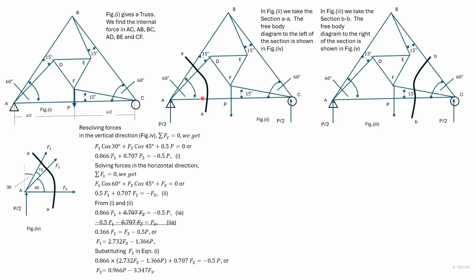So we consider the left hand portion of this section, and considering equilibrium, if we solve the forces in the vertical direction, then we get F1 cos 30 plus F2 cos 45 plus 0.5 P is equal to 0. Solving forces in the horizontal direction, we get F1 cos 60, F2 cos 45 plus F3 is equal to 0.